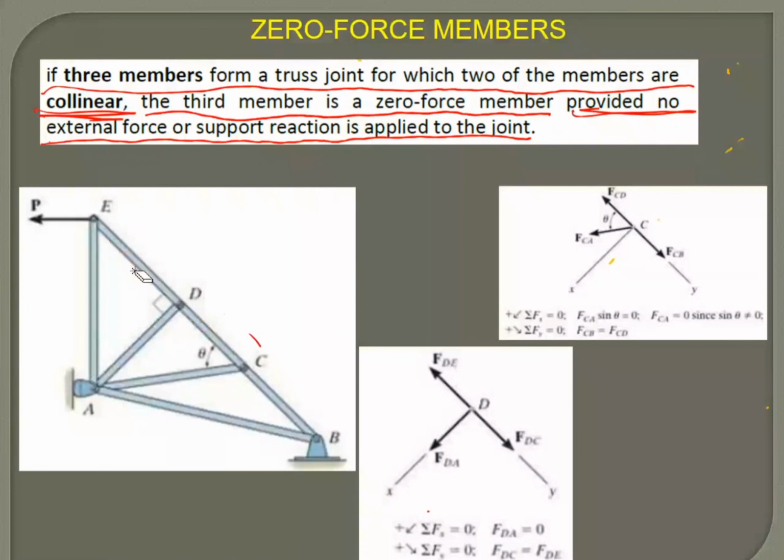You get it? If you've got in a truss two members which are in line, there's no external force on the joint and no support on the joint, the third member is a zero force member. Is that clear?